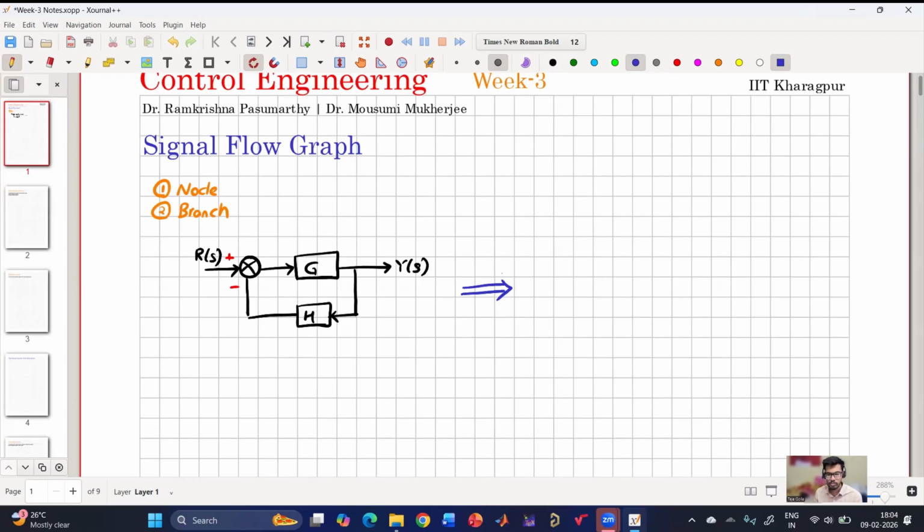Can anyone tell me what the input to output transfer function will be? G divided by 1 plus GH.